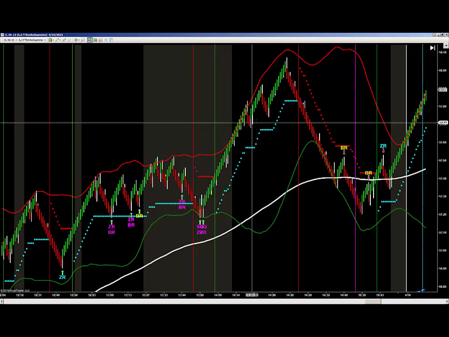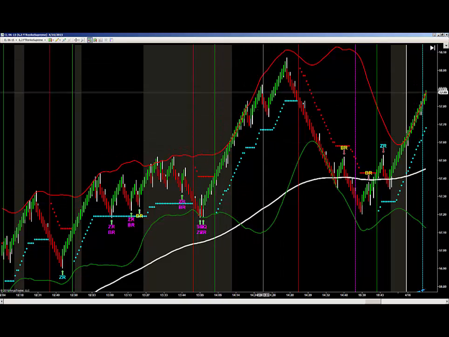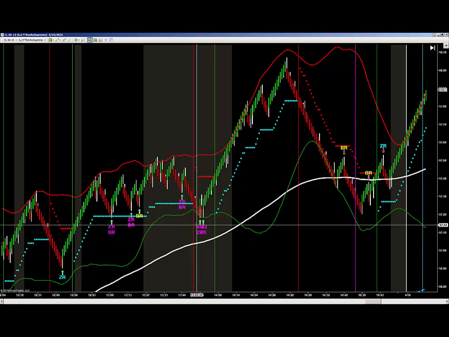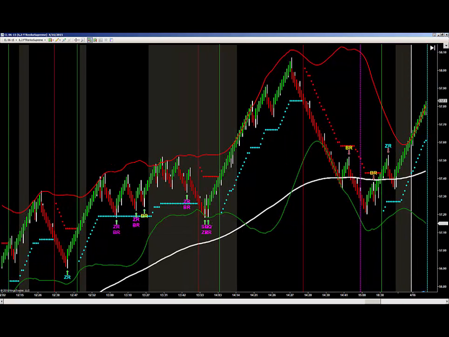Notice here the settings we've got. We did not get a BR signal in this whole run. But it sure got our attention here. Holy cow. SQ and ZR. So one thing about the stacking of the signals, they're an attention getter.